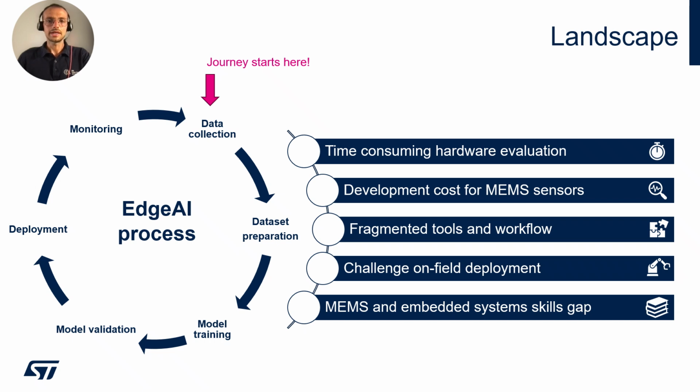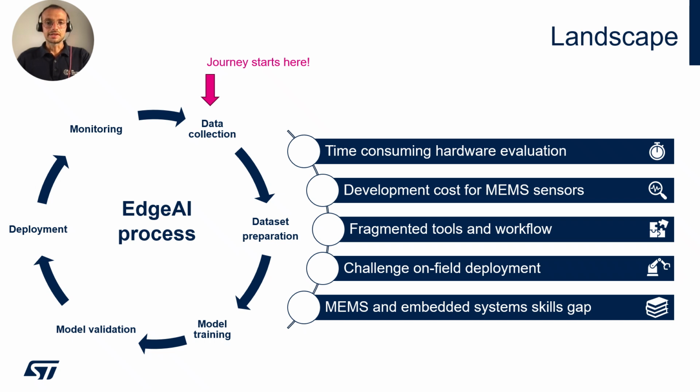Let's start to see why ST AIoT Craft has been developed. On the left side, we see the typical process to design and deploy an Edge AI solution. This process includes several key steps. After identifying the problem you want to solve with the AI, the first step is the data collection, where you gather data from various sensors and sources. Once the raw dataset has been collected, the data must be cleaned and preprocessed to ensure the quality of your data.